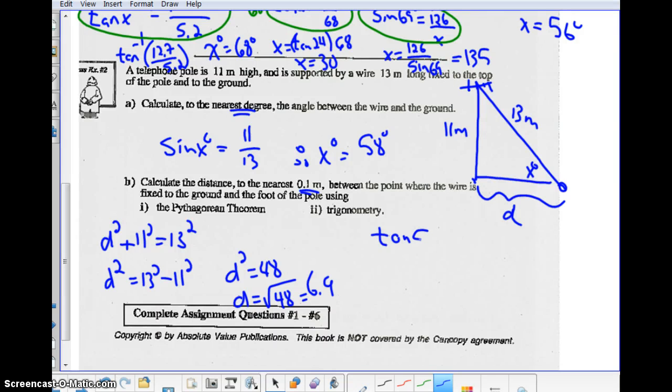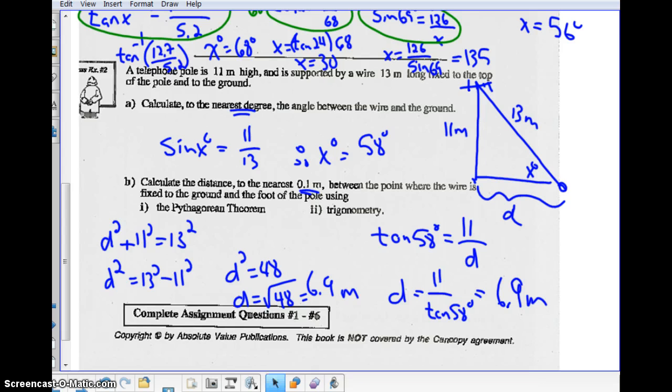Tangent of 58 degrees is equal to 11 over d, and therefore d is equal to 11 divided by tangent 58 degrees, and that ends up being equal to 6.9 meters, and I should have put meters there. Okay, so we can use either method. Remember what we talked about, don't use answers that you rounded off if you don't have to. So really, this is the better answer because this answer isn't rounded off, right?